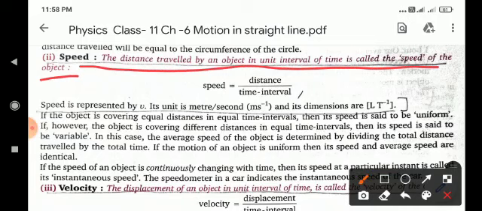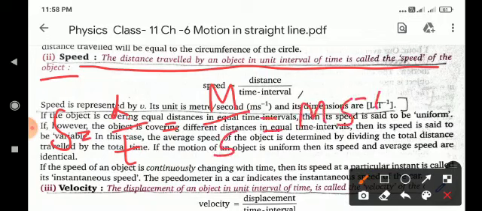The unit of speed is meter per second. Speed equals distance upon time, where the unit of distance is meter and the unit of time is second, that is ms minus 1. ठीक है?